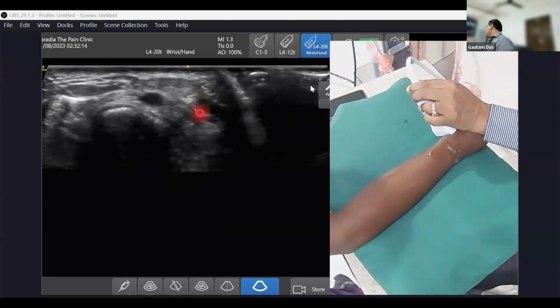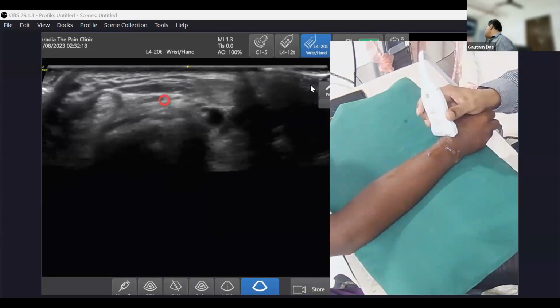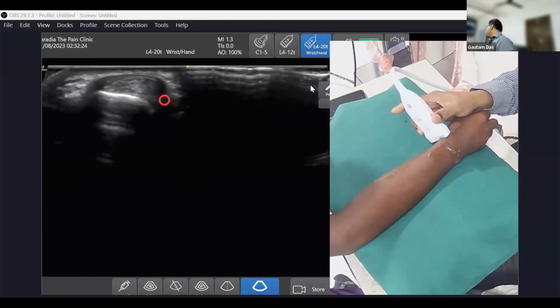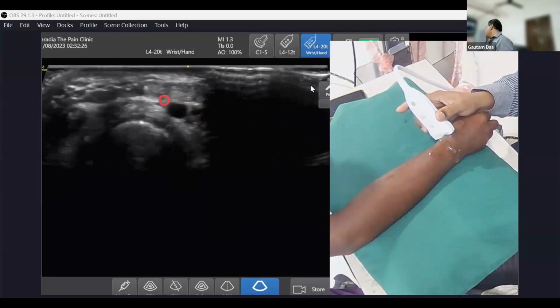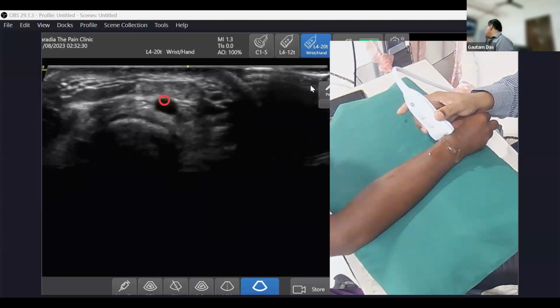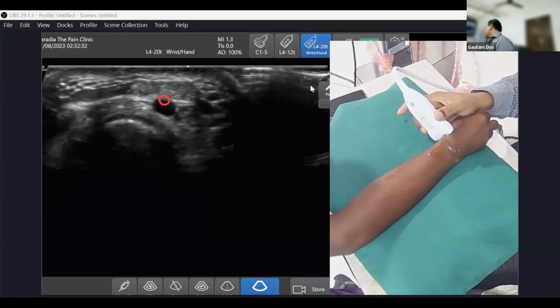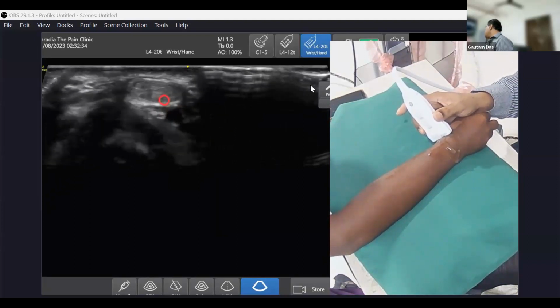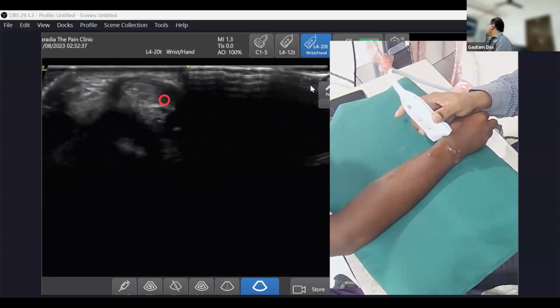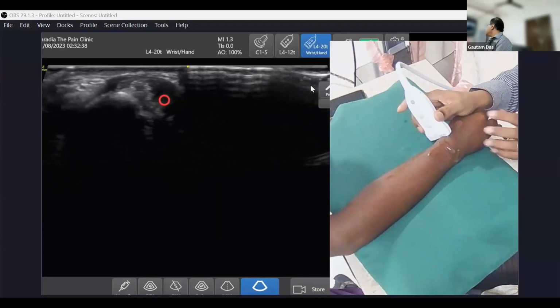So if you are going for the de Quervain injection, the area of the injection is here, where the styloid process is, not here, where the radial artery is coming below. This is not the area to inject. Here we can also see the same first compartment tendons, but the injection is to be done at this part, not here. Remember that.